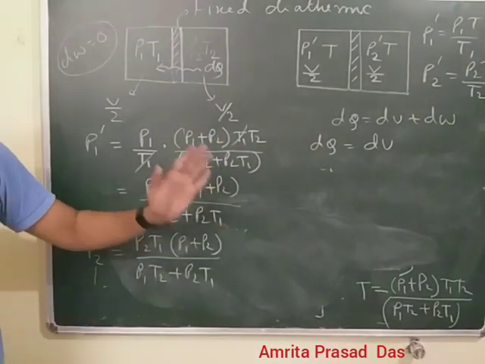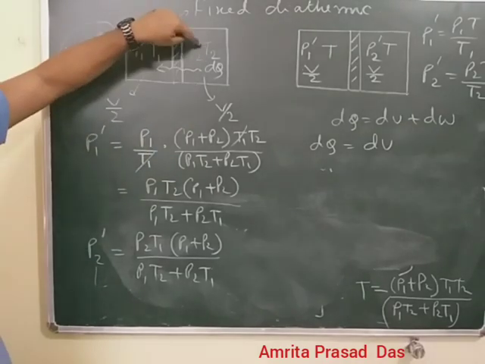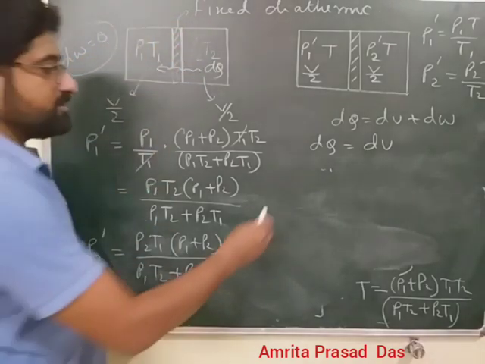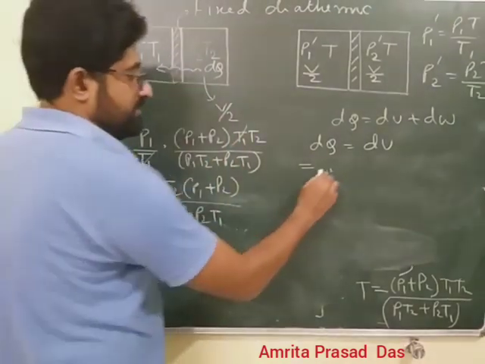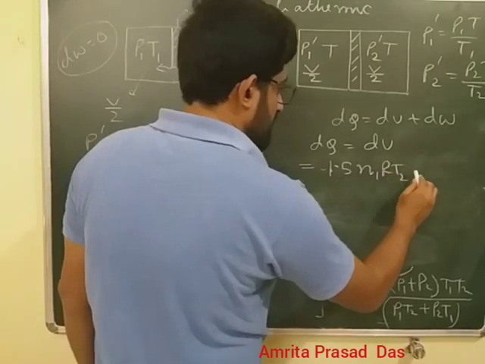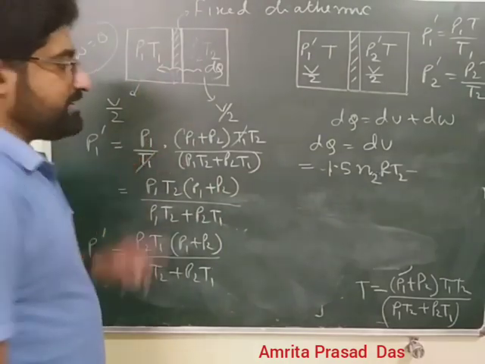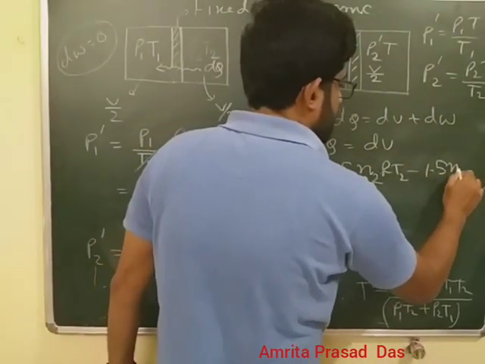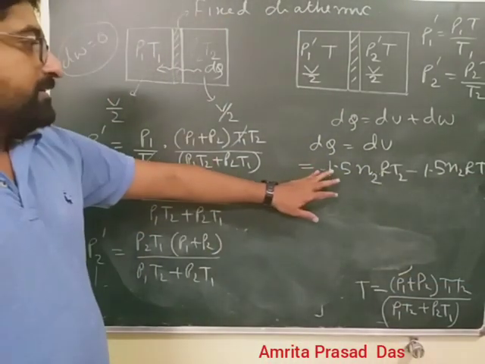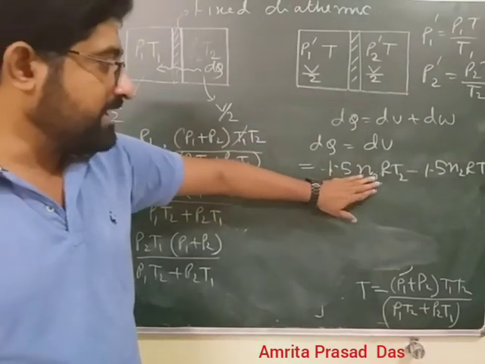Therefore, we have to find out the amount of the change in internal energy of this part. So this is the initial internal energy, that is 1.5 N2 R T2, number of moles is N2 here, minus final internal energy 1.5 N2 R T. The expression of internal energy is given in the question, 1.5 nRT.